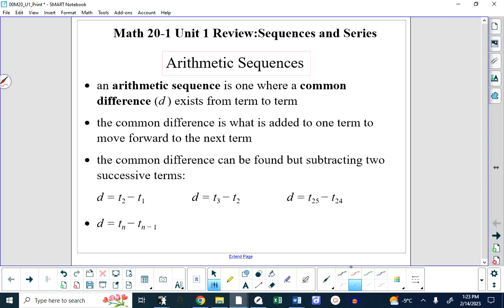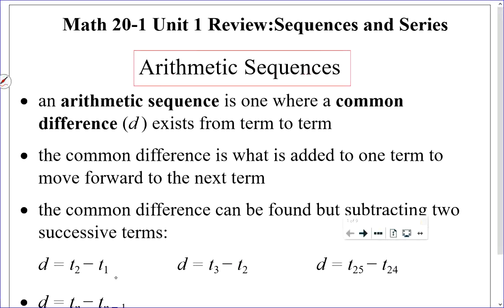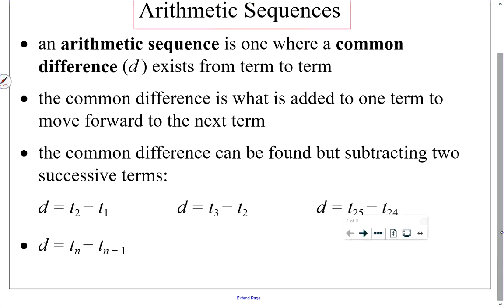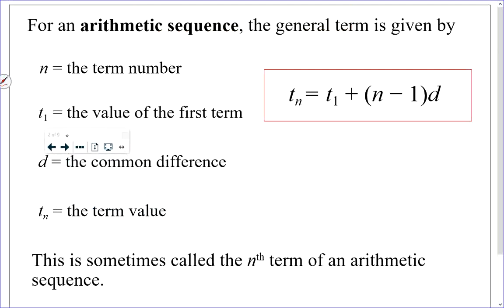So if I take the second minus the first term, I'll get the common difference. If I take the third minus the second, I get the common difference. If I take the 25th minus the 24th, I get the common difference. So we say generally then that the nth term minus the n minus 1th term is the common difference. That's all that means. We then learned that there's a formula.